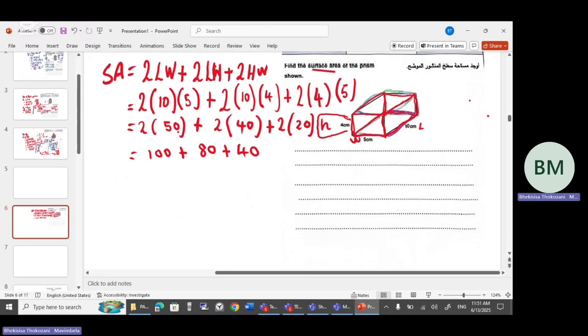2 times 50, I got 100. Or you can just say 2 times 5 is 10, and then you add your 0, okay? Or 2 times 4, 8, and then you add your 0. 2 times 2, 4, and then you add your 0, okay? That's how we've got these numbers here. After that, I'm going to add all of these. I can say here, there are many ways to do this. 100.